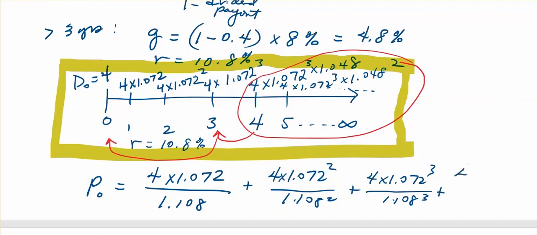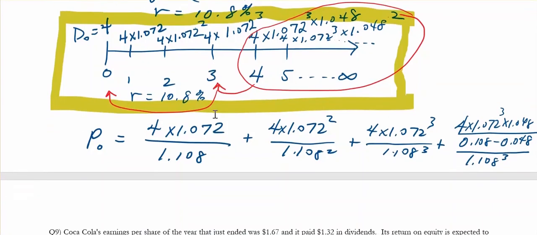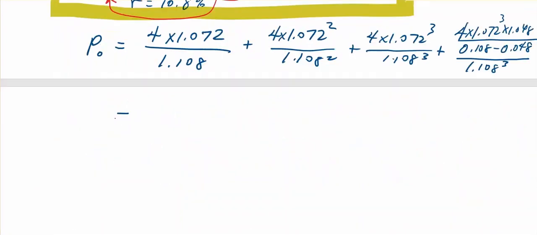So the year 4 dividend can be written like this: R minus G. This time we're using the long run growth rate, and bring that back to year 0. So it has to be discounted back 3 periods. So let's do the first 3 dividends.